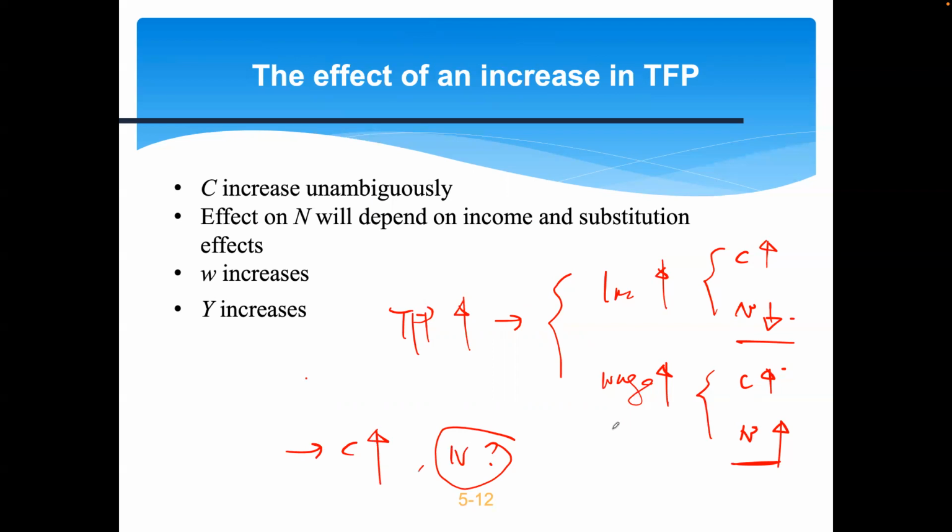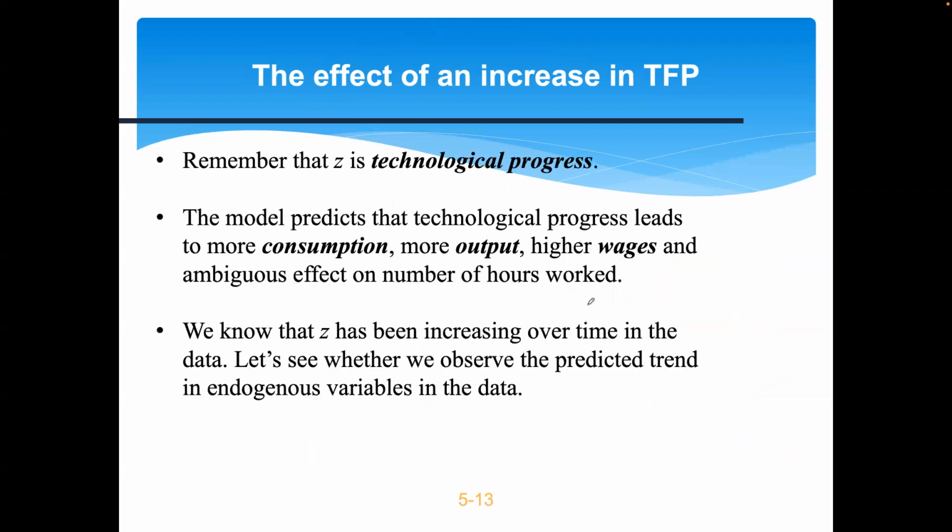Finally, regarding other things like wage, yes, it's going to increase. Then Y is also going to increase, because of the income effect. Okay. Now remember, what is Z? Z is technological progress.